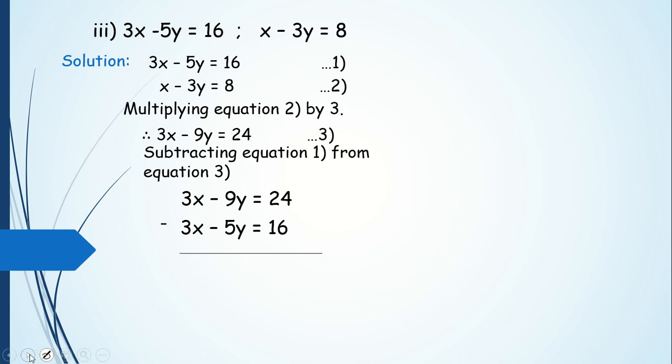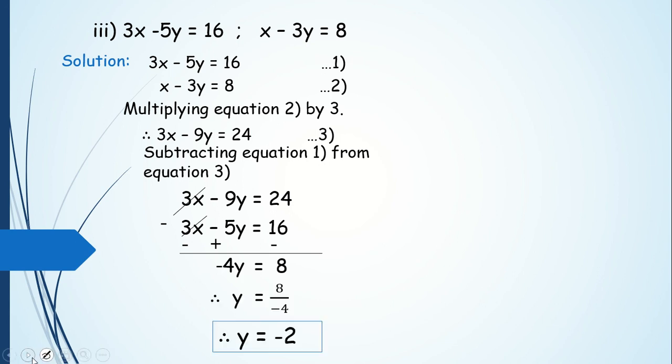That's what we did, right? So since we are subtracting, signs of the second equation will change. This was plus will become minus, minus will become plus, plus will become minus. So this will become minus plus minus. 3x minus 3x will get cancelled. Minus 4y is equal to 8. Therefore, y is equal to minus 2. Now this y is equal to minus 2, we can put in equation number 2.